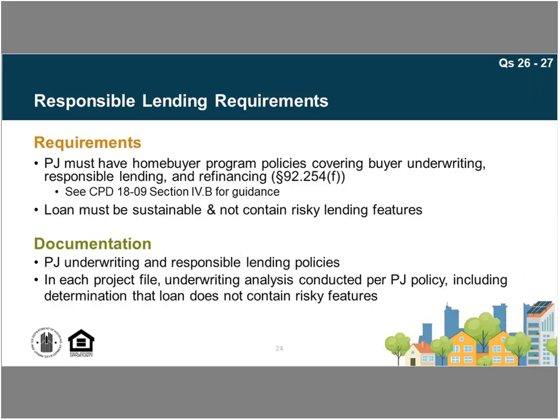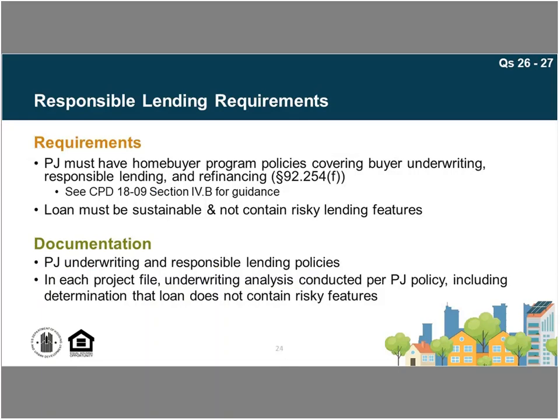Now we come to the lending requirements, and there's really two lending requirements sort of subsumed in this one issue. So I want to approach it somewhat carefully. As I mentioned in the earlier slide, the requirement in 92.254(f) is for the PJ to have homebuyer program policies that cover buyer underwriting, responsible lending, and refinancing.